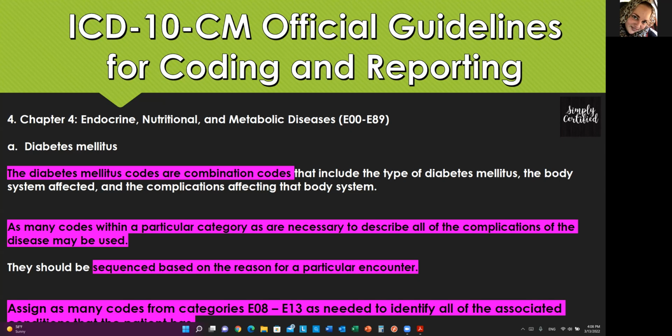And if you're not familiar with what a combination code is, it's like when somebody has a disease like diabetes or say hypertension or maybe even chronic kidney disease. They have diabetes, right? And then they have another disease with their diabetes or another symptom or a complication.